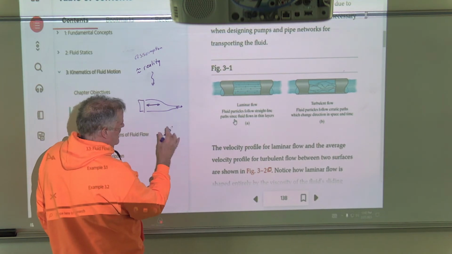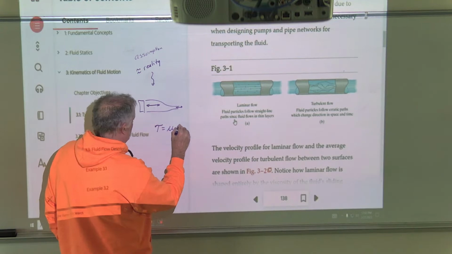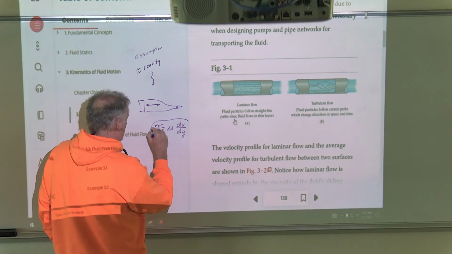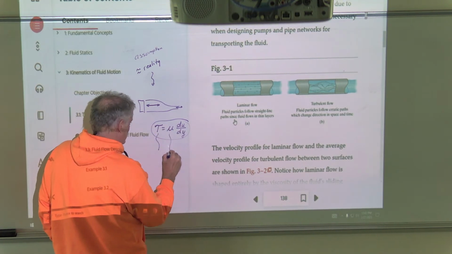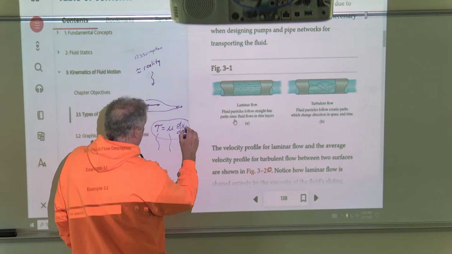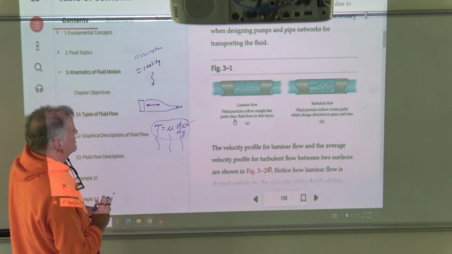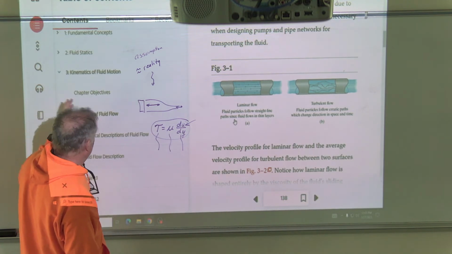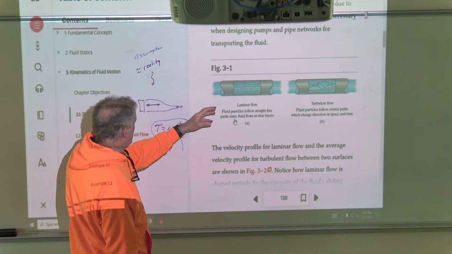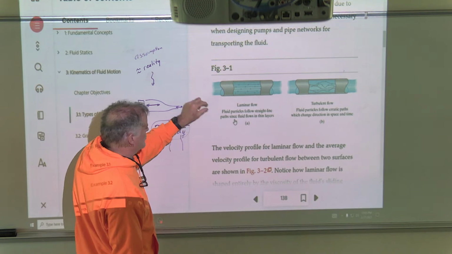We talked for a minute about this in chapter 1: the shear stress, the viscosity, and this is actually a velocity derivative. It turns out there's inertia associated with it. So if you just push the piston that way, all the fluid goes that way. It started at 0 and picked up over a short period of time.